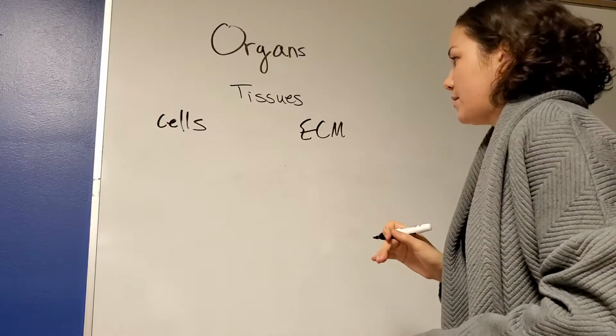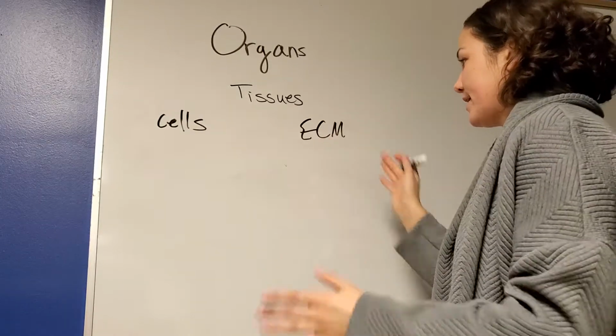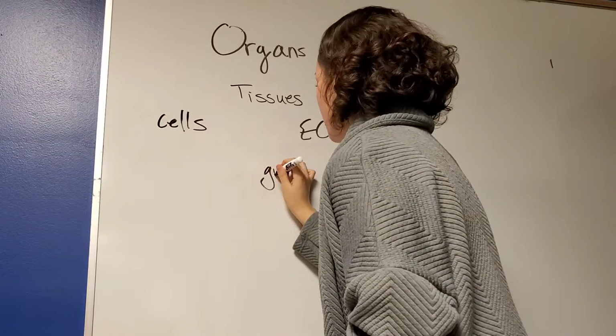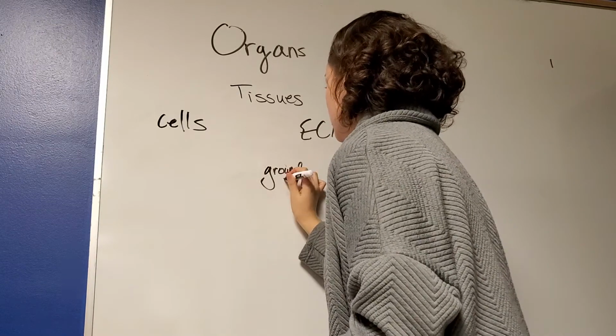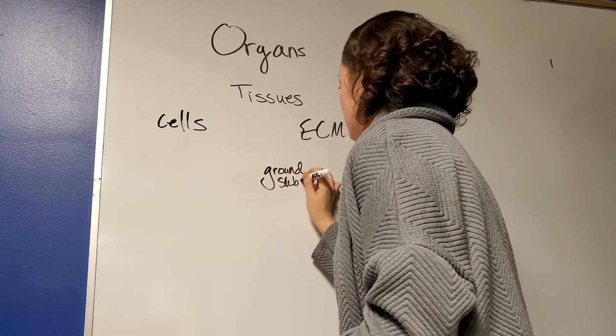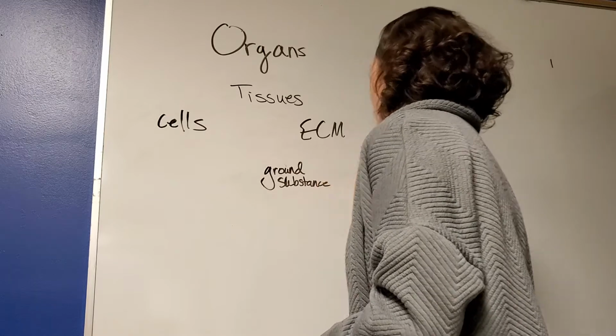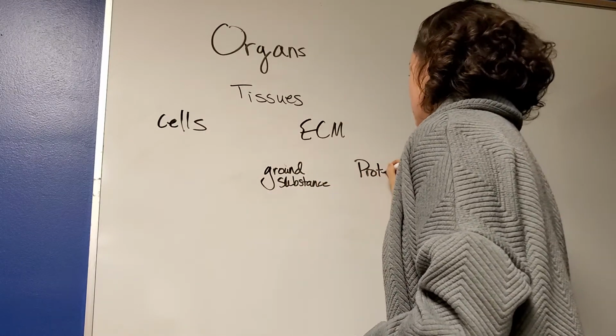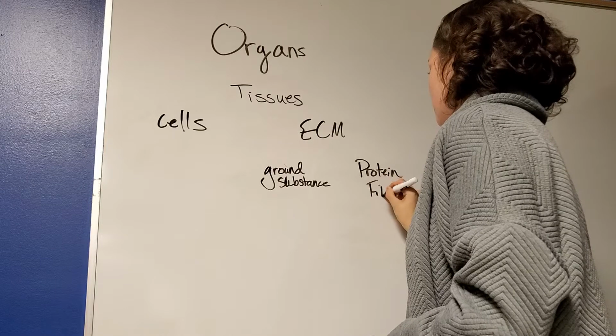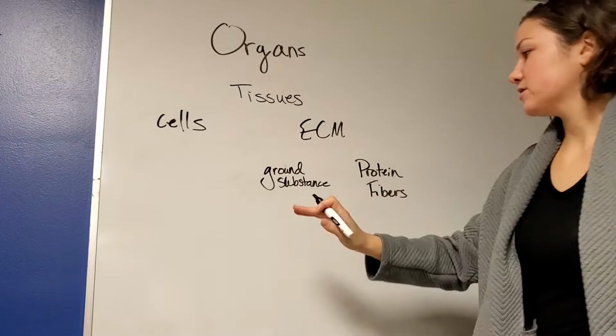Let's focus on ECM. ECM is made out of either a substance called ground substance or protein fibers. First, ground substance.